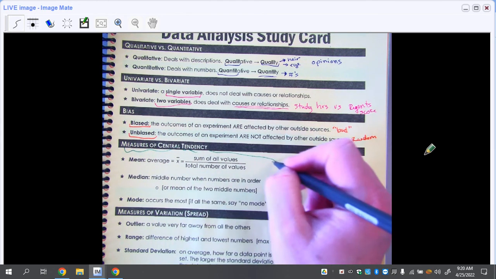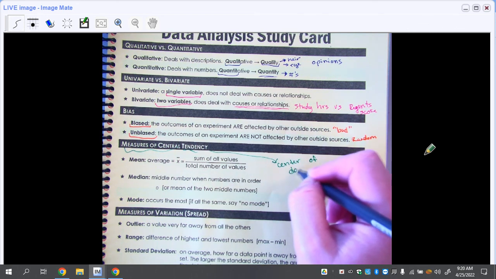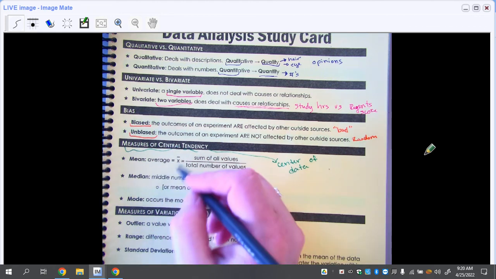So our measures of central tendency. So that's trying to help you figure out the center of your data. So our measures of central tendency, we start with our average, which is this symbol in your calculator. So the average is you add up all the numbers together, divide by how many of them there are. So in your calculator, remember we do stat and then edit.